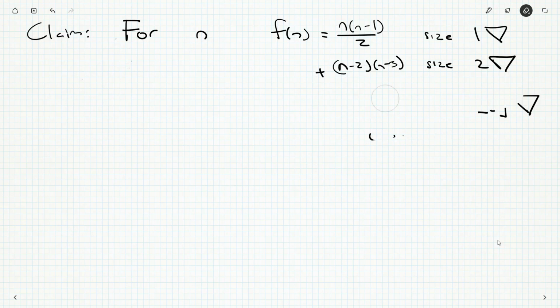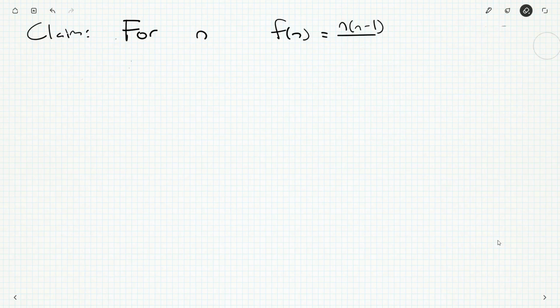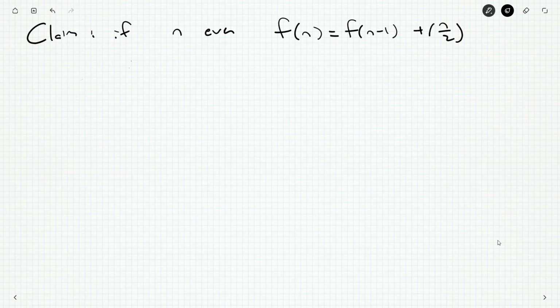Alright. No, not doing it this way. Okay. I thought I could do it. Not going to do it. So what I'm going to do instead is, I claim if n is even, then F n is F n minus 1 plus n over 2 squared.